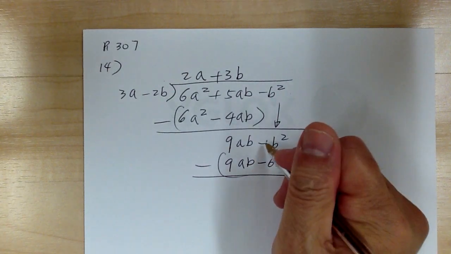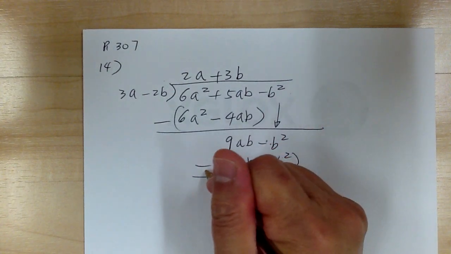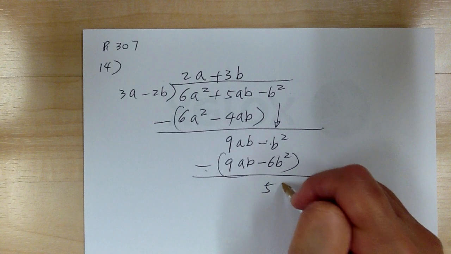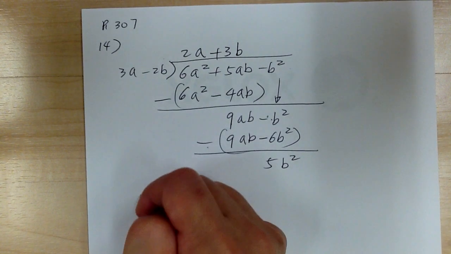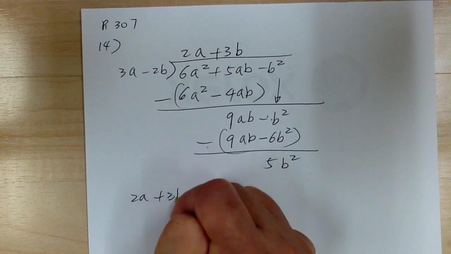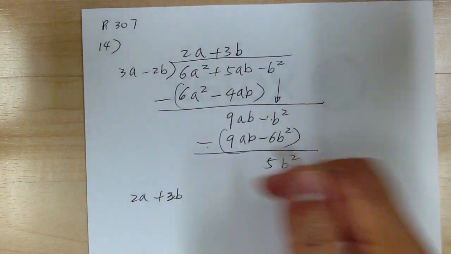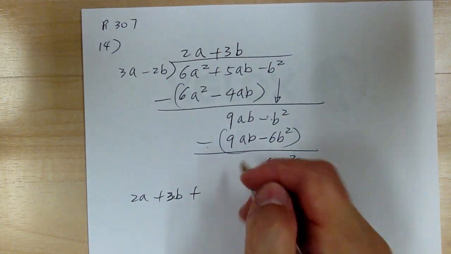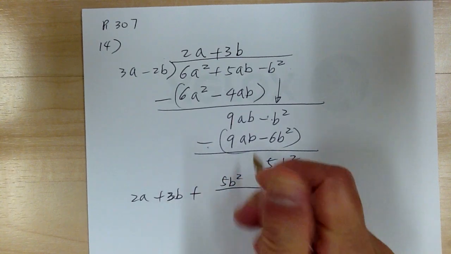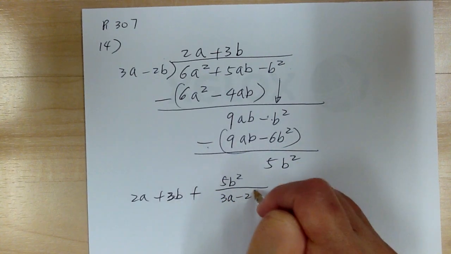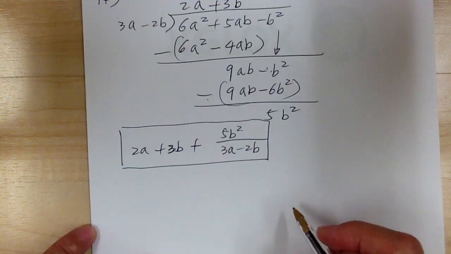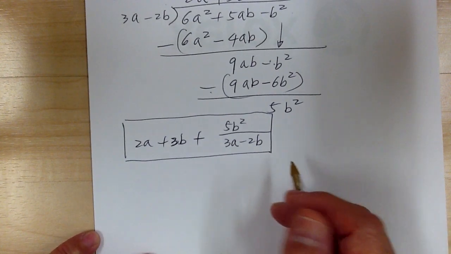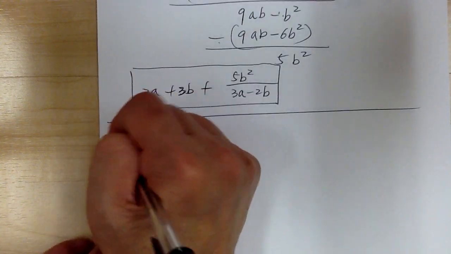Subtract. So this is negative 1 minus negative 6 will give you positive 5. So your answer would be 2a plus 3b from here, and it's positive, so it's plus 5b squared over 3a minus 2b. So that's number 14. Okay, let's go and do 16.